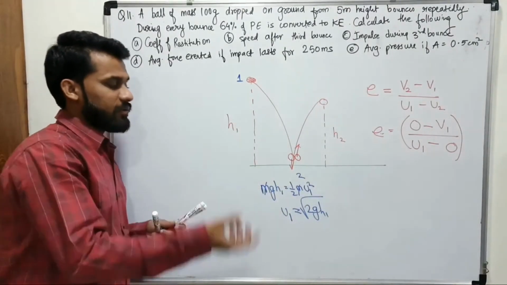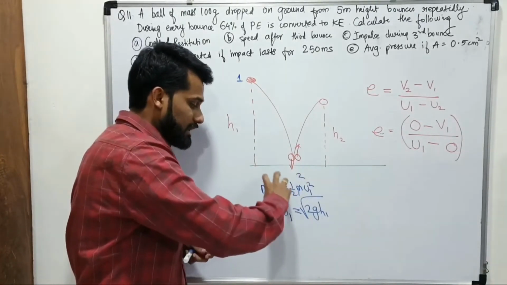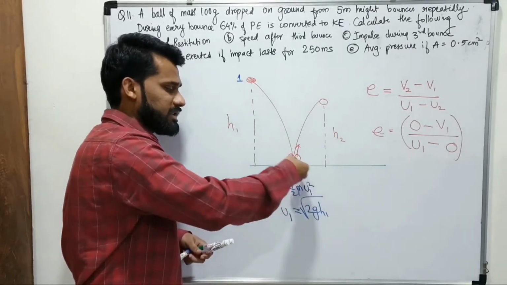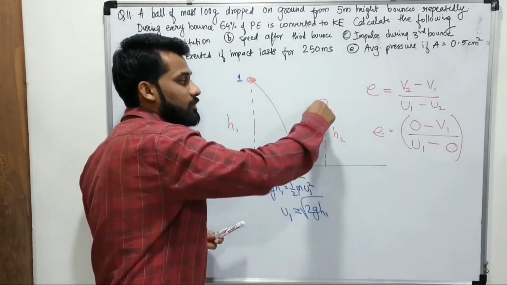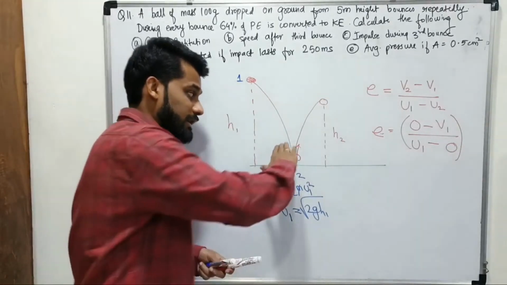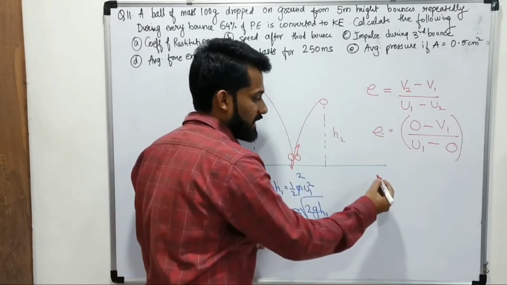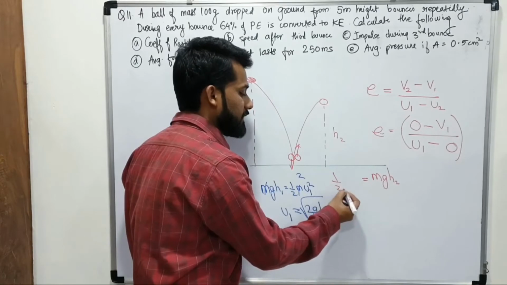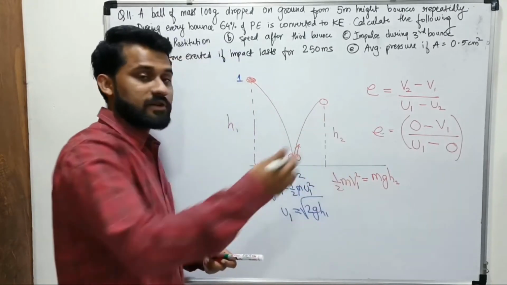Now after collision, what happens? There are some energy losses over here. So the whole mgh1 will not convert into kinetic energy after collision. There will be some losses. Therefore it won't rise to the same height. It will only go up to height h2. So in this second process, after bouncing, the final potential energy, that is mgh2, will be half m v1 square, the kinetic energy, where v1 is the velocity after collision.